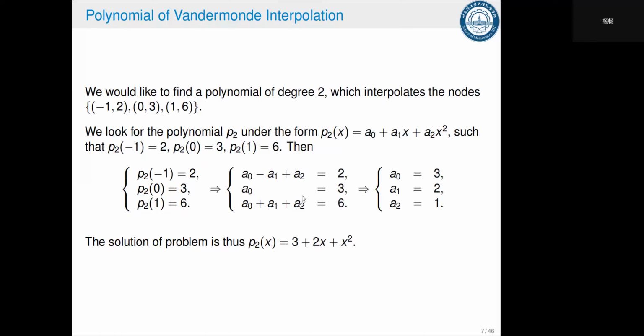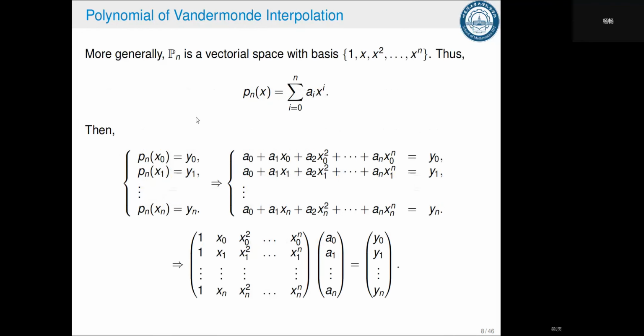This is a simple example that shows you we can really find a polynomial of degree 2 with such an interpolation condition with 3 nodes. So now we can consider a more general case.